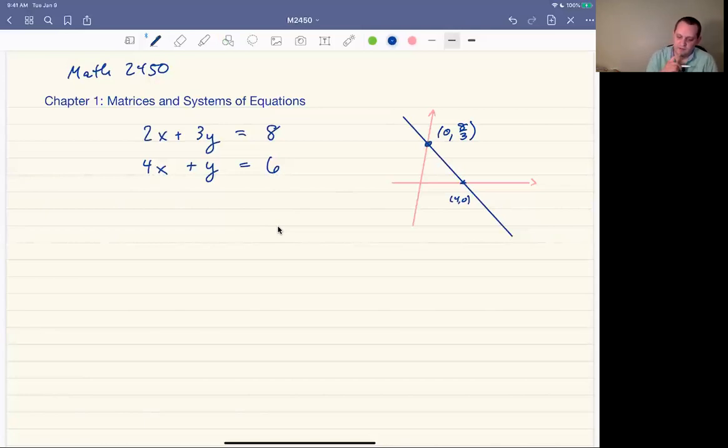For the other line, we have 4x plus y equals 6. When x is 0, y is going to be 6, so that's way up here. This is the point (0, 6). And when y is 0, x is going to be 6/4 or 3/2. So this is going to be (3/2, 0).